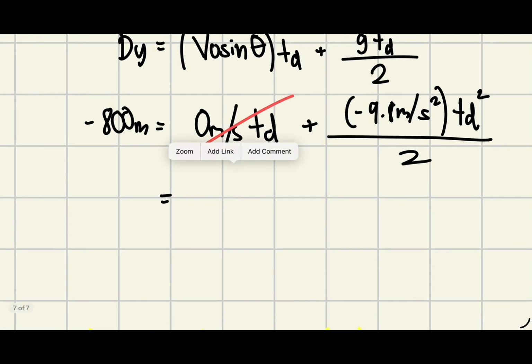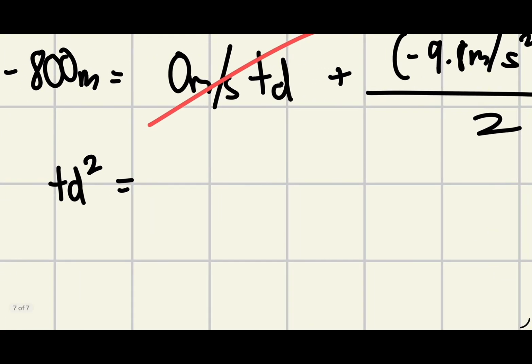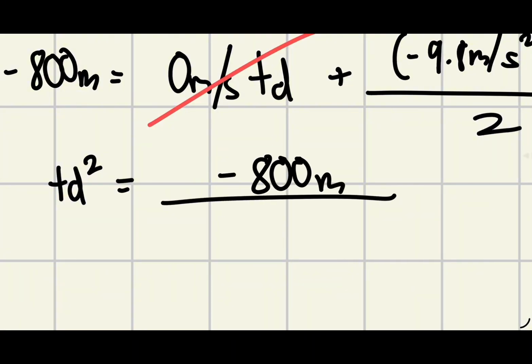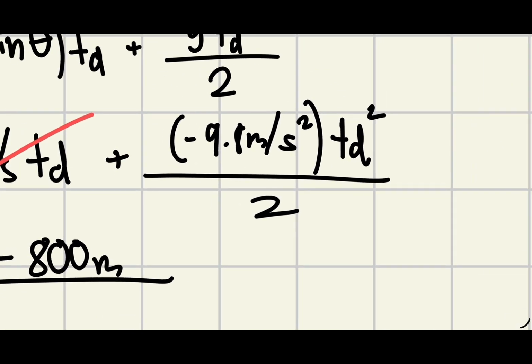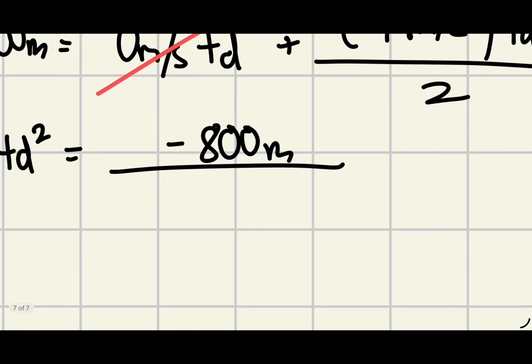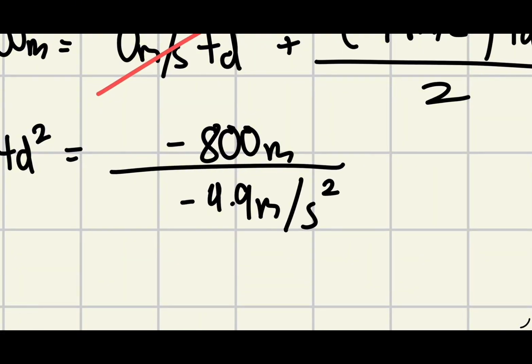So let's just isolate and put our time here. And then we have negative 800 meters divided by, so negative 9.8 meters per second squared divided by 2 is just negative 4.9 meters per second squared.